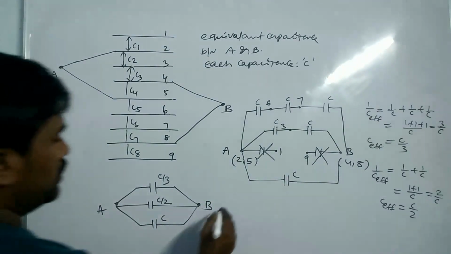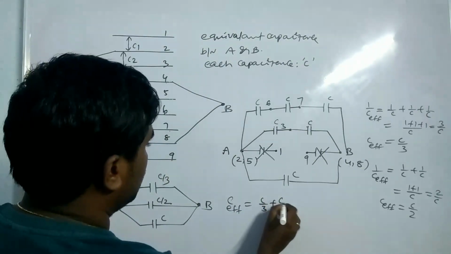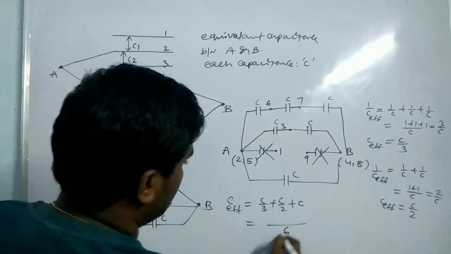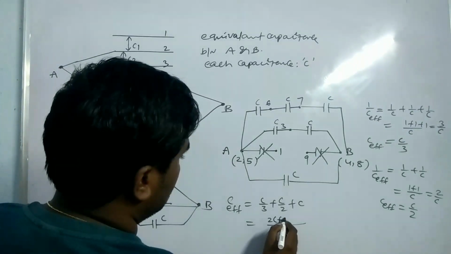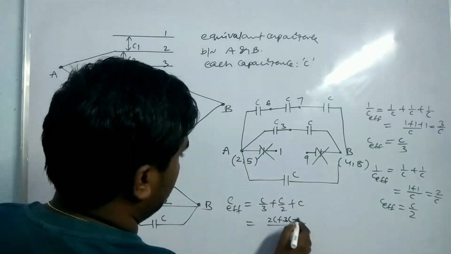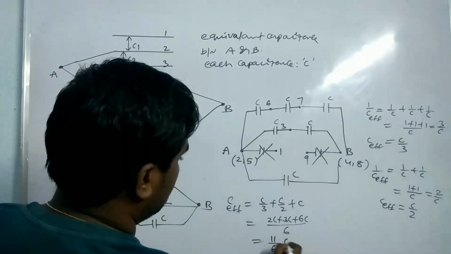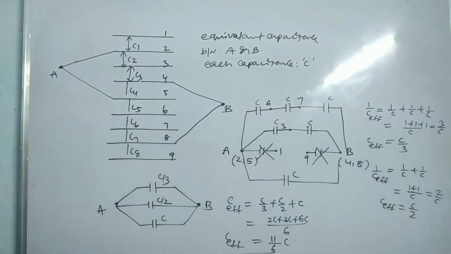In parallel combination, C effective equals C1 plus C2 plus C3. 6 is the LCM here, so it is 2C plus 3C plus 6C, which equals 11C by 6. So this is the effective capacitance here. Clear? So this is the method to find the effective capacitance between the plates of a capacitor. Very simple.